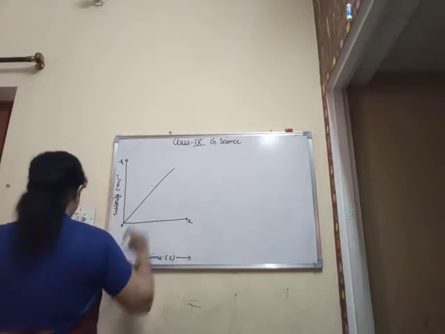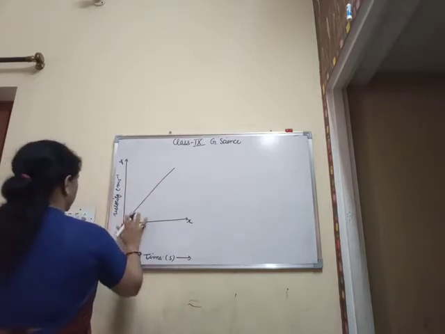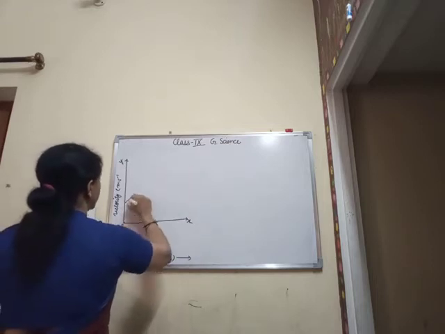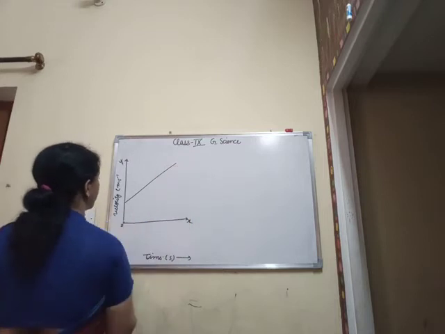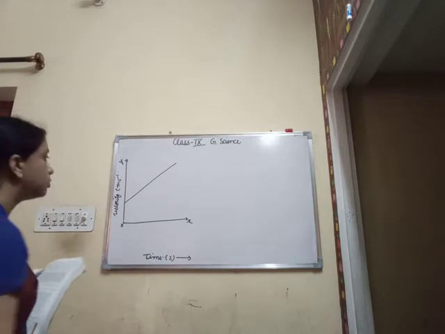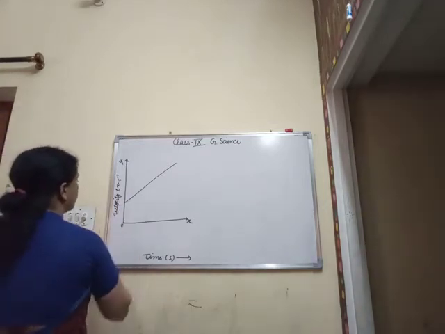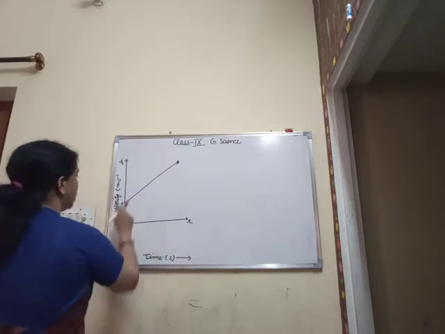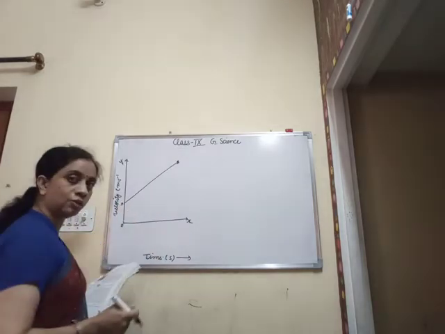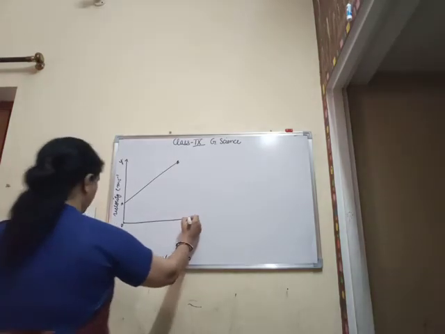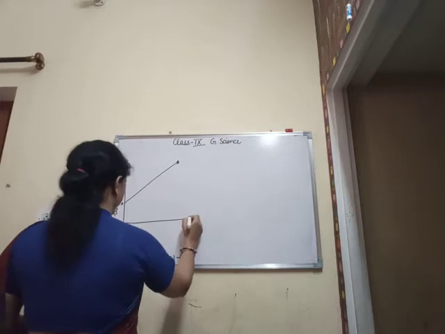Okay, so the velocity time graph starts from this point, that is the initial velocity. This represents that the initial velocity is not zero, it is having some value. This is A point, this is B point. Okay, here OA represents the initial velocity, and BC, this is B, and this will be the D point, or we can say the C point.